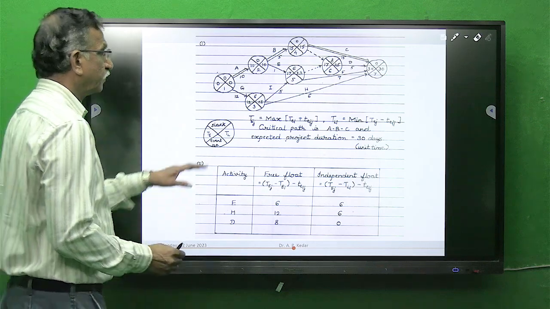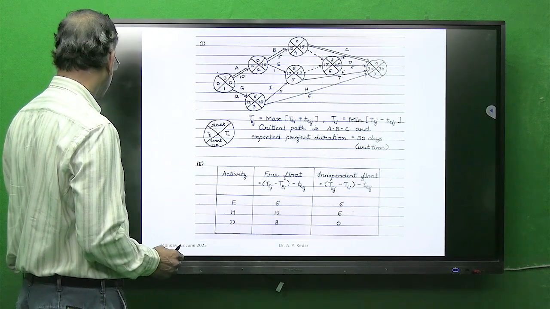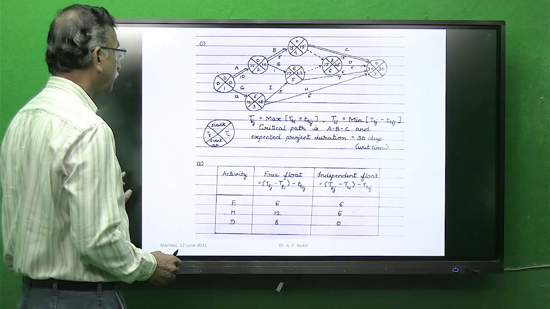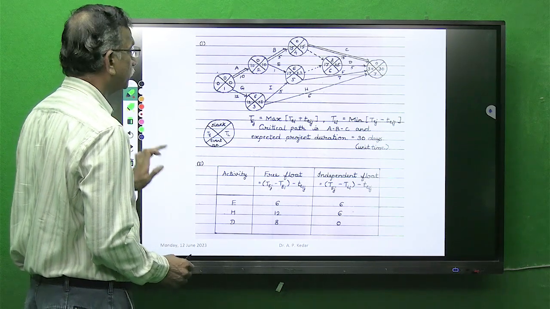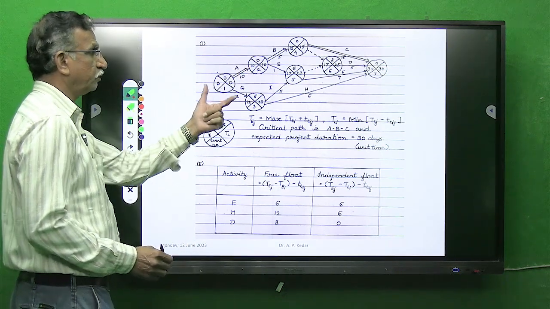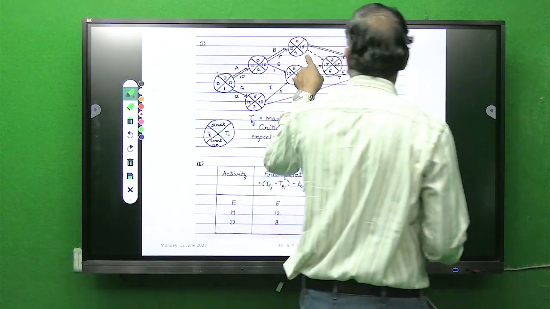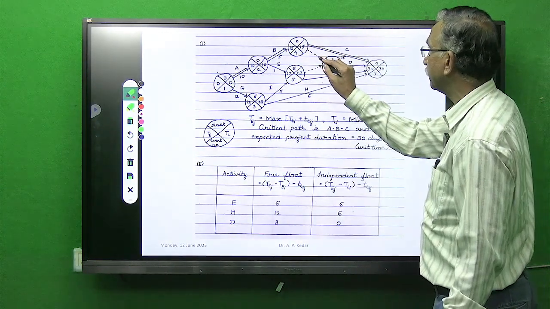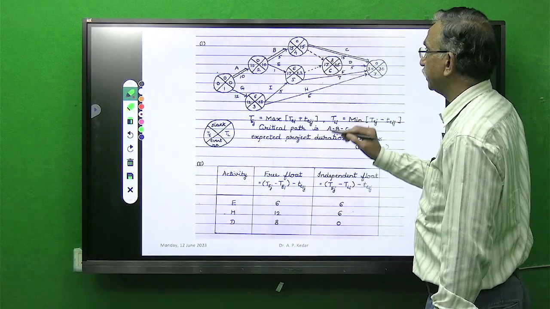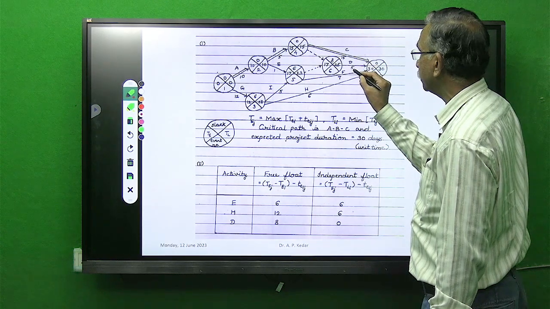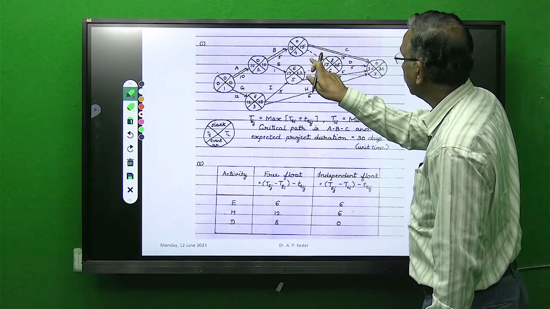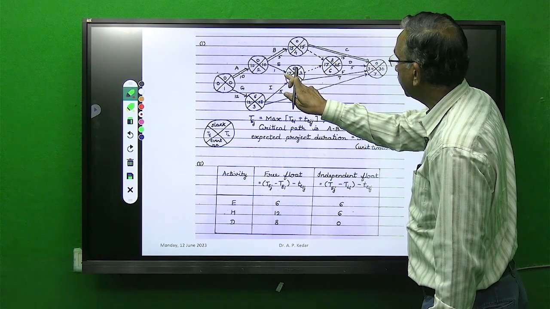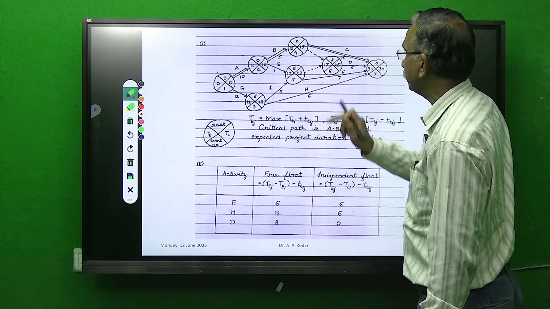See here, I have drawn this network from the given relationship. In this problem there is simultaneous application of dummy, because D depends on B and E both.